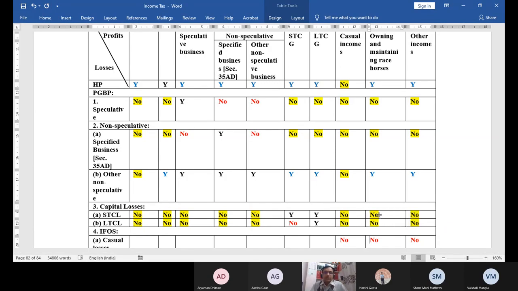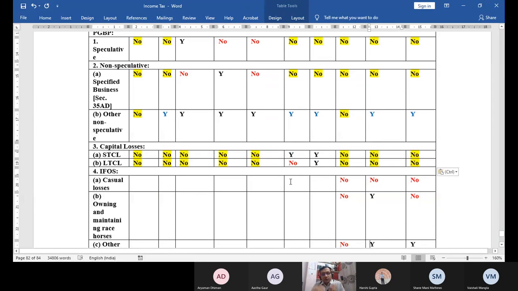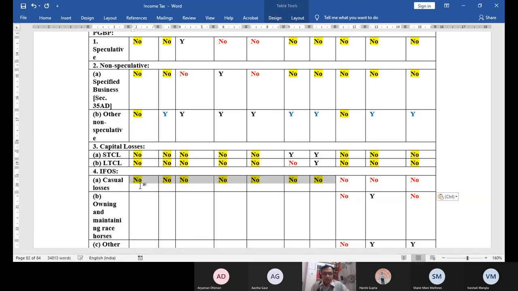Other sources, casual losses, ये तो अलाउड होती ही नहीं है कहीं भी. Ignore interhead. इंटरहेड में खुद की इनकम के अगेंस्ट अलाउड नहीं थे, तो इंटरहेड तो कहाँ अलाउ करेंगे इसको? Not allowed. Owning and maintaining resources, in fact within intrahead there were restrictions, so that is very easy to learn.